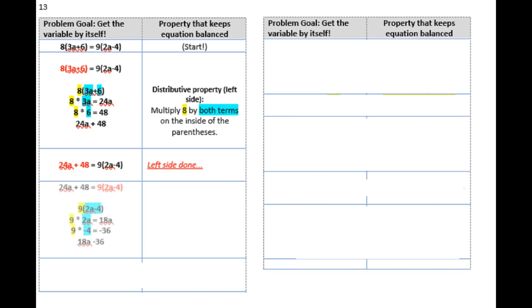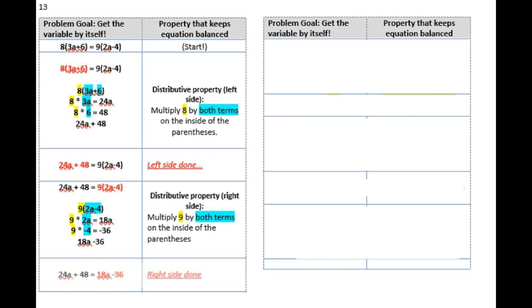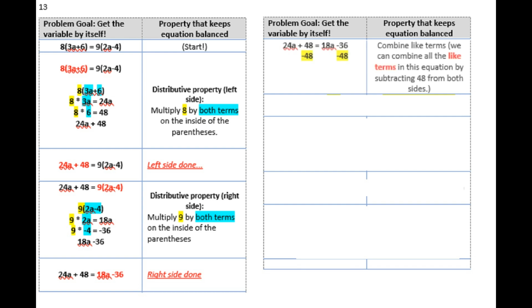Now we're going to apply the distributive property to the right-hand side. 9 times 2a equals 18a. And 9 times negative 4 is negative 36. So the right-hand side is 18a minus 36. Our full equation is 24a plus 48 equals 18a minus 36. So here we go, 24a plus 48.